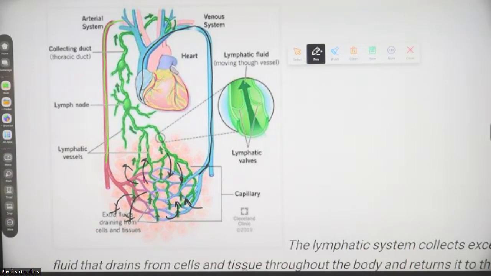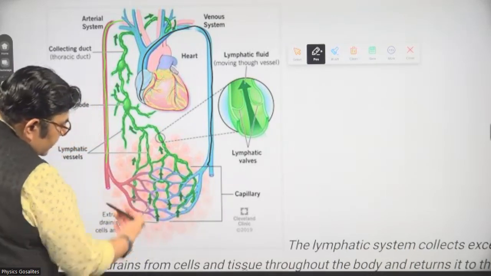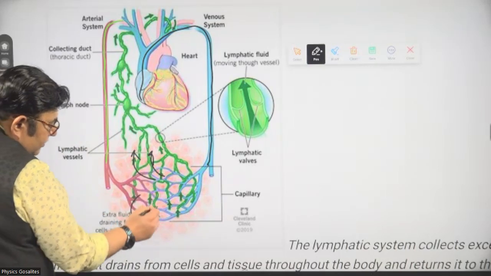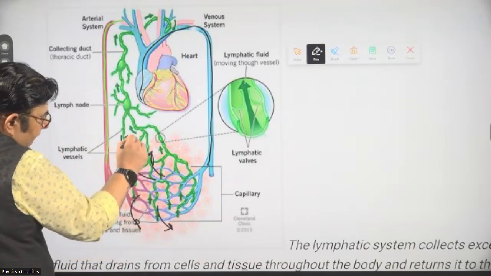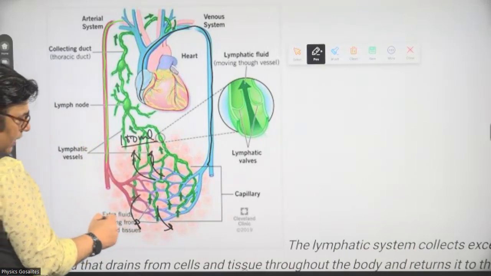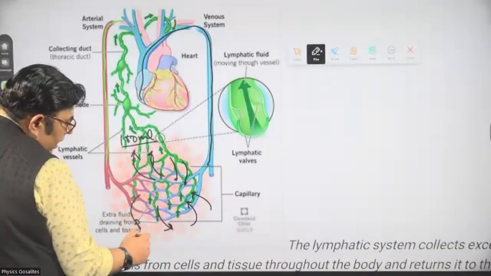So this circulation is happening in the body, and there is a fluid forming from this side and then returning back from this side. For example, 100 ml is formed in 1 hour, and only 90 ml returns back in 1 hour.